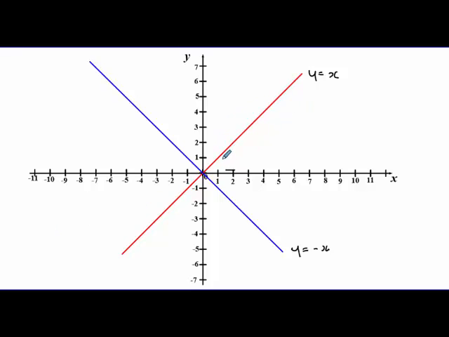It means that for this function we would ignore this part of the graph, and for this other one, this part of the graph is cut out, is not in the domain.